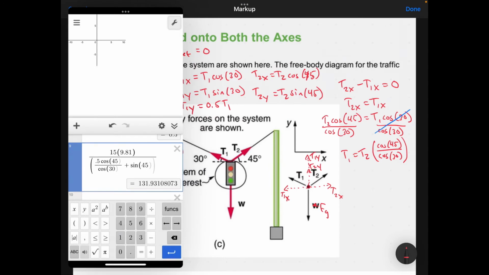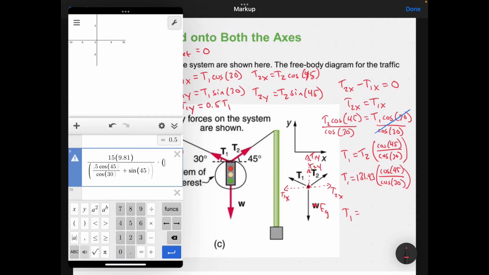But on the other side here, we know that T1 is equal to T2 times this cosine of 45 over cosine of 30. So just gotta plug it in. So I'm gonna use this exact answer here.